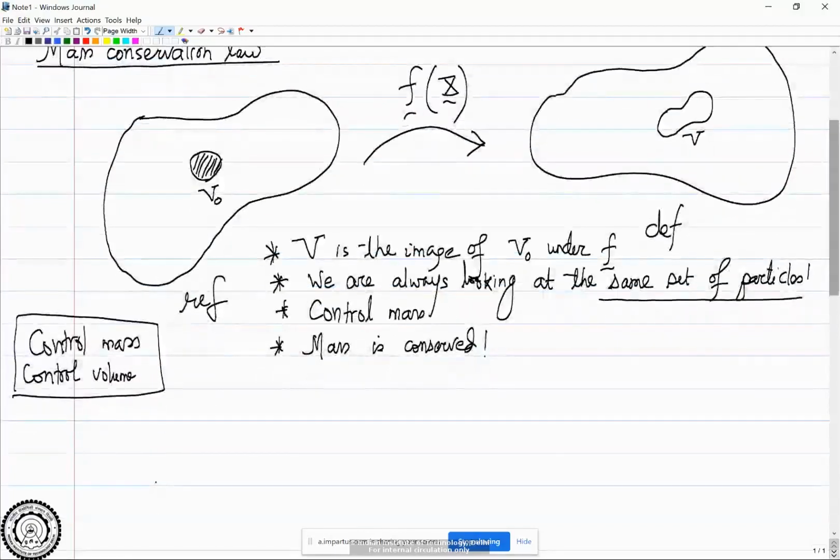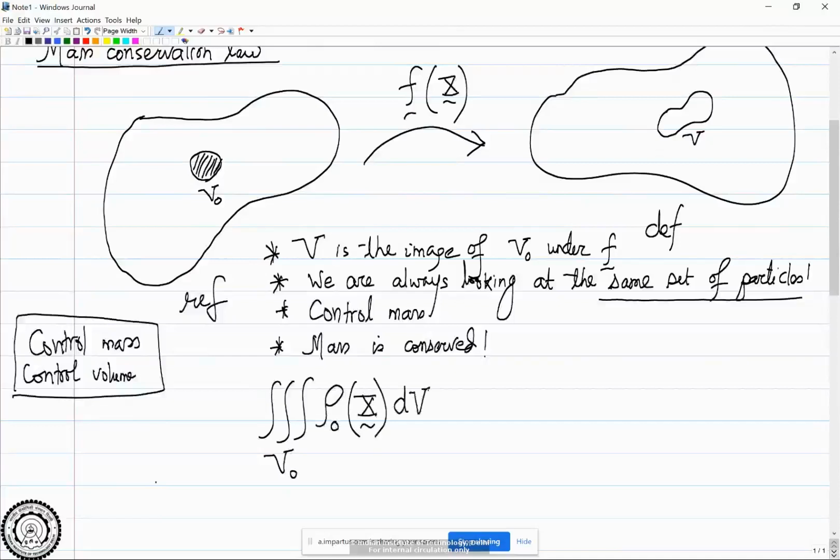What is the mass in the reference configuration, for example? That is simply the integration over the volume V naught of the referential density, which we call rho naught, of big X, dV naught.